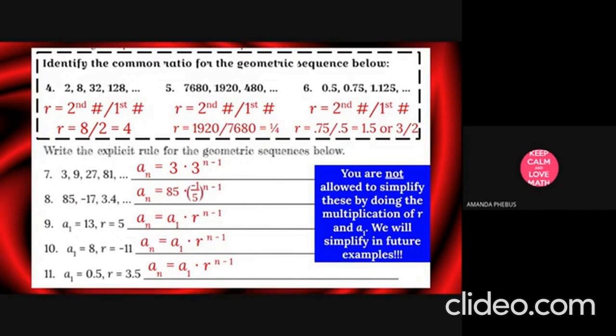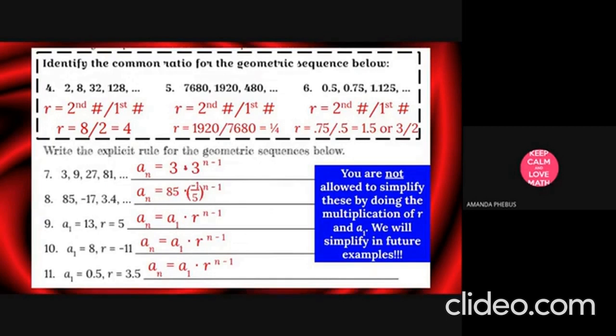So go ahead and make sure that you wrap that negative 1/5 in parentheses, because you don't want that negative to escape and make it look like 85 minus 1/5 to the n minus 1. So you want to wrap all of that in parentheses and make sure that that negative stays with the 1/5 and know that you are multiplying those together.